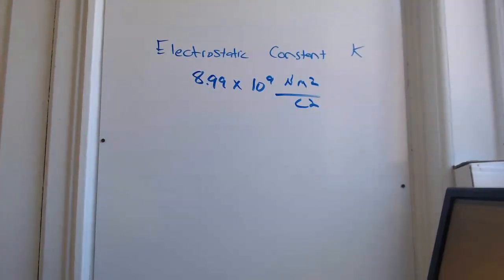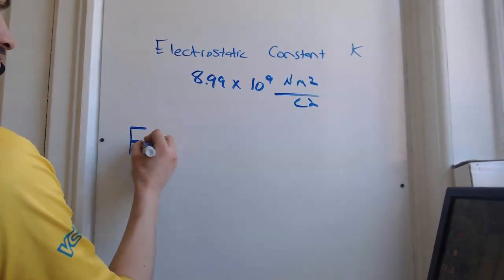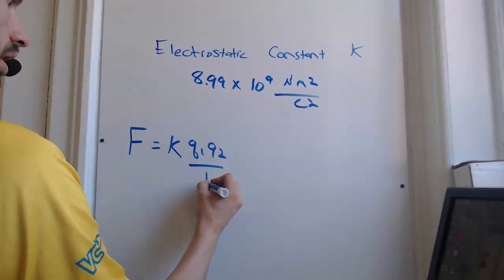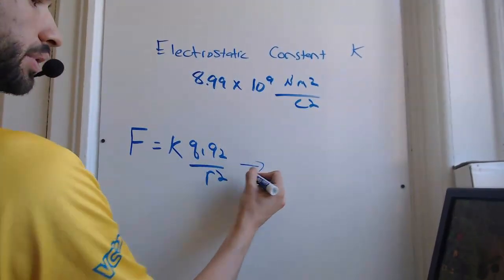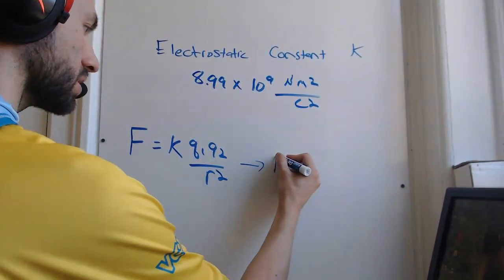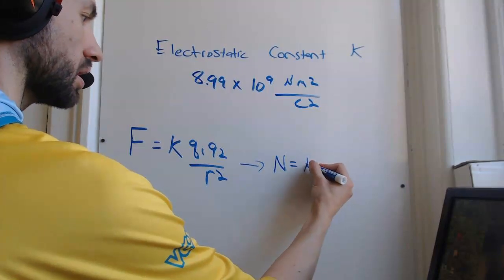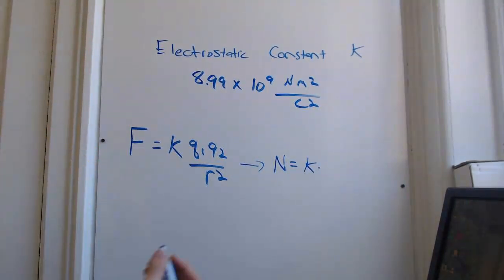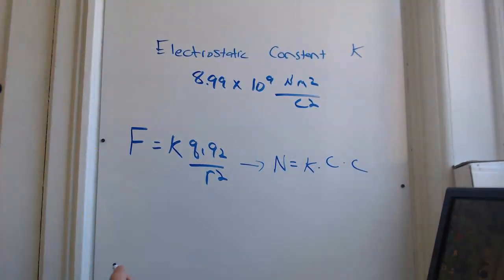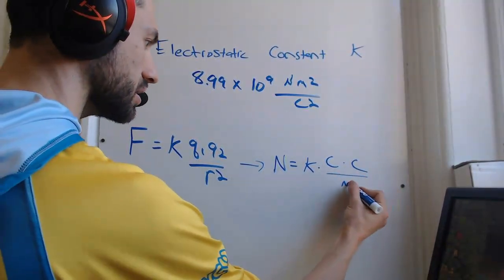Okay, so now let's look at why these units are the way they are. Well, I want to know the force between objects, and I know it's given by K Q1 Q2 over r squared. I don't know what K is right now, but I know that force is in newtons. I know that Q1 is a charge in coulombs, Q2 is a charge in coulombs, and r is a distance in meters.